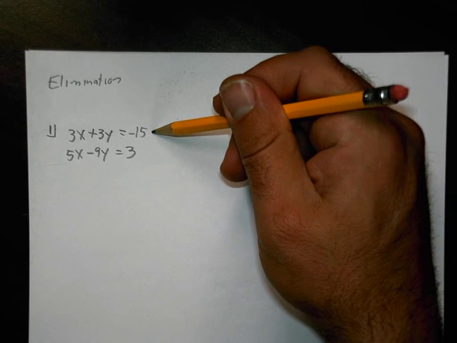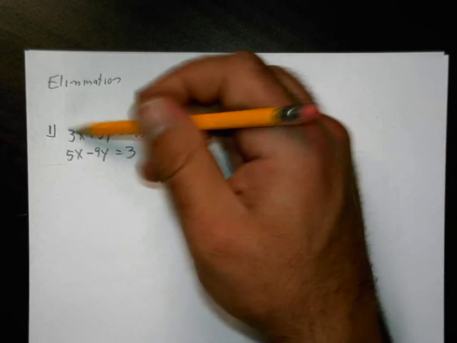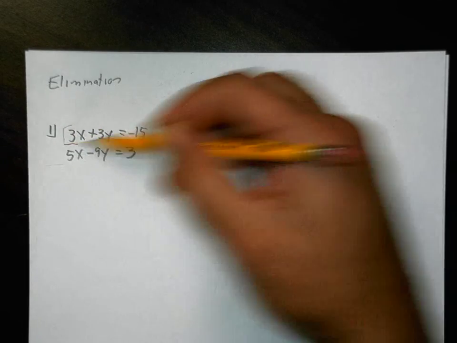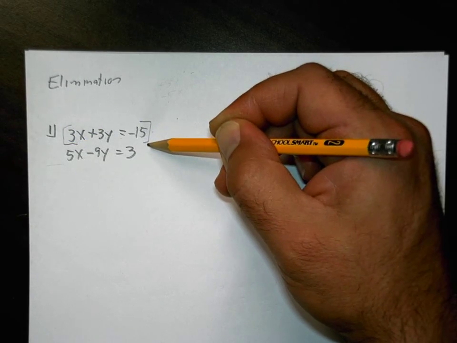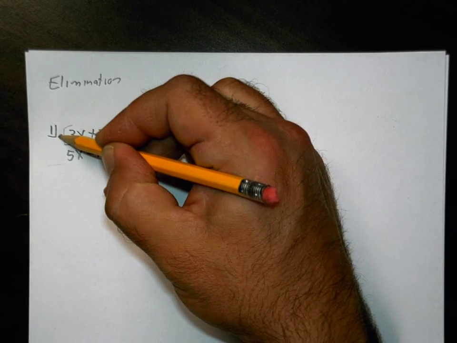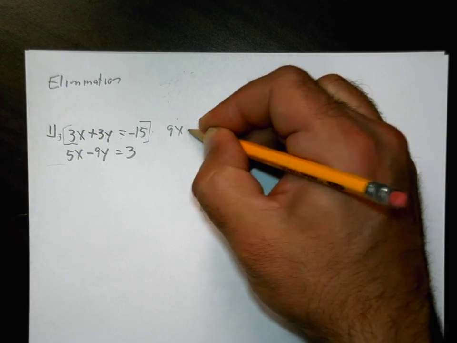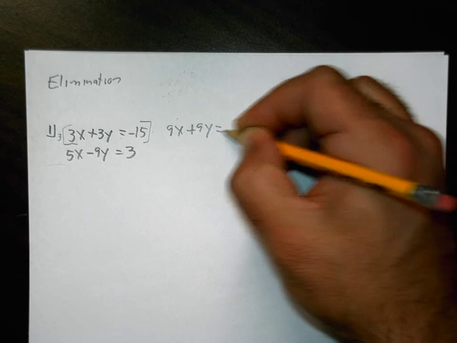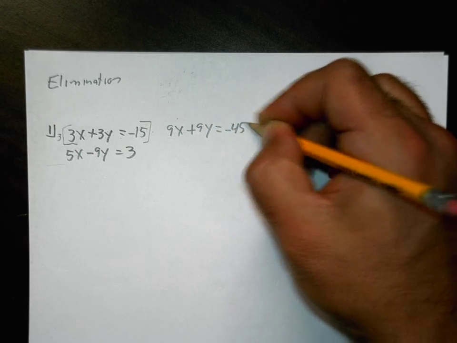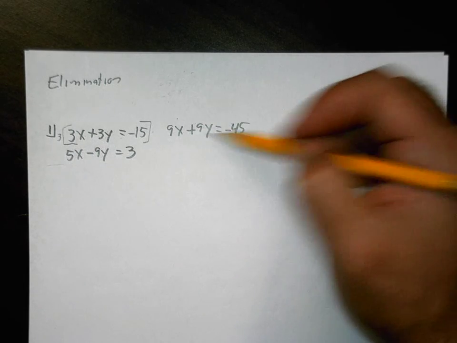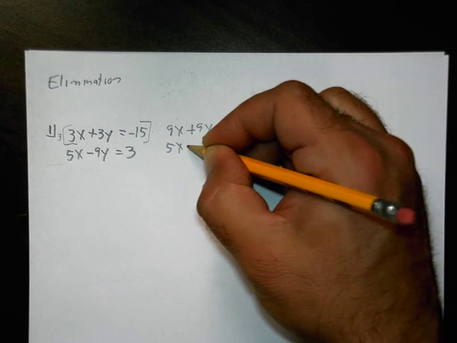So looking at this first equation, if I multiplied everything by 3, I'm going to have a 9y there. So then I'll have opposites. So this is how I'm going to show it. I'm going to bracket that. I'm going to multiply the whole thing by 3. So I'm going to get 9x plus 9y is negative 45. Okay, I got to multiply everything by 3. That keeps the equation balanced.